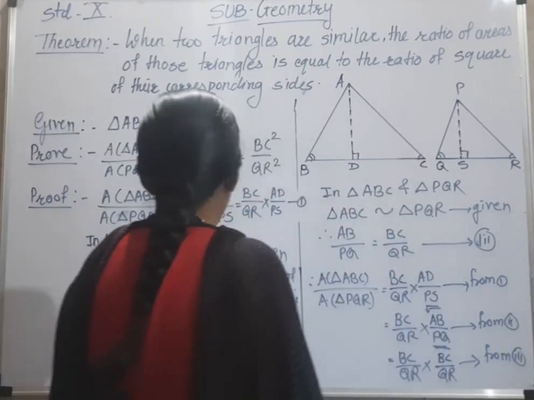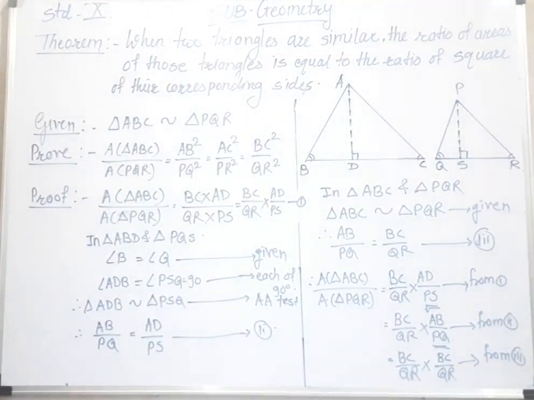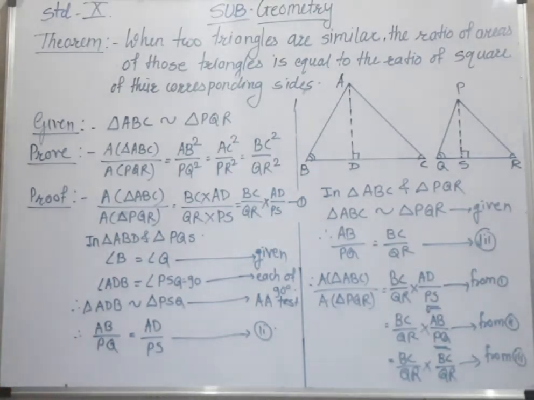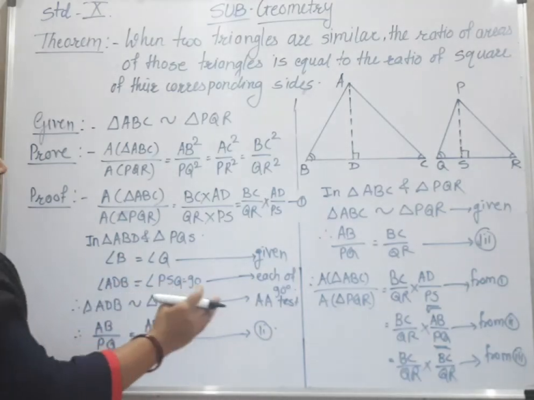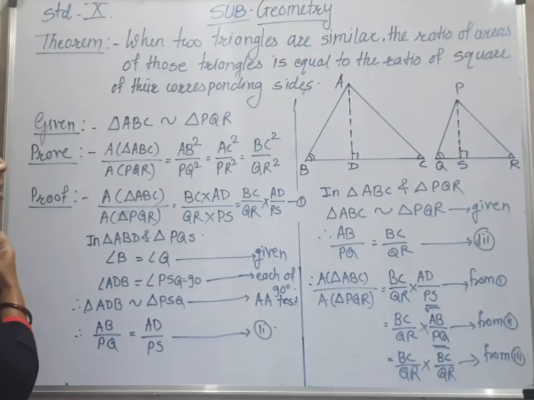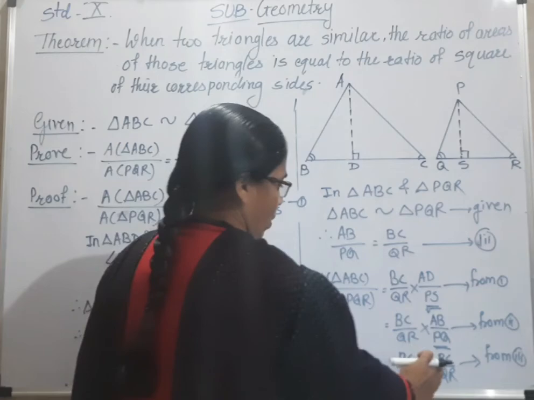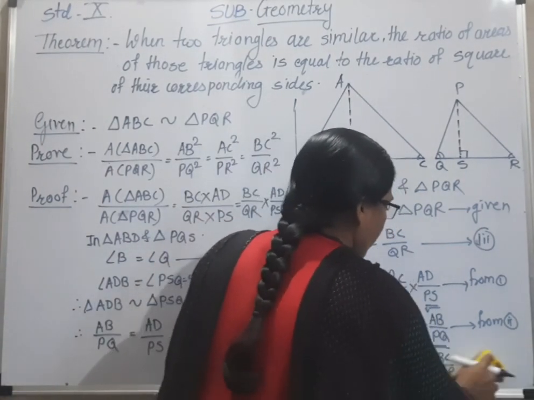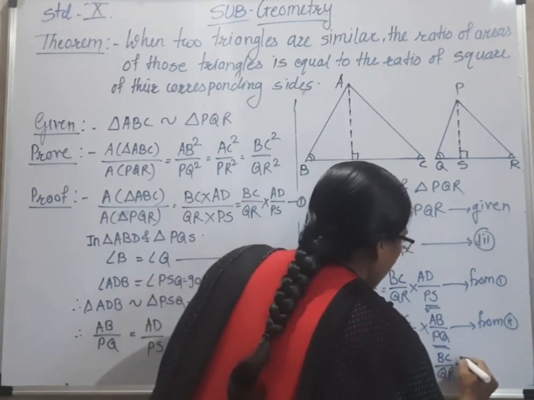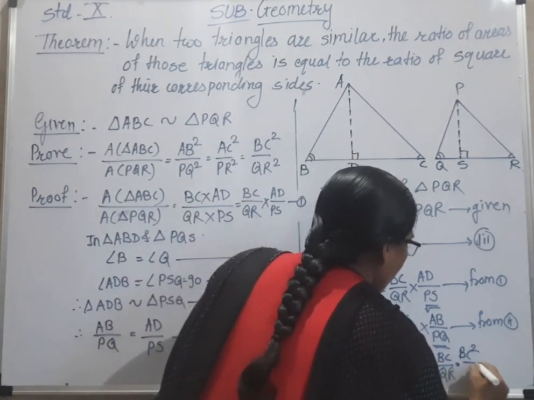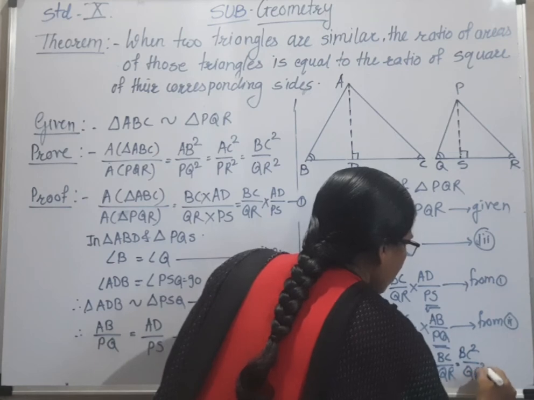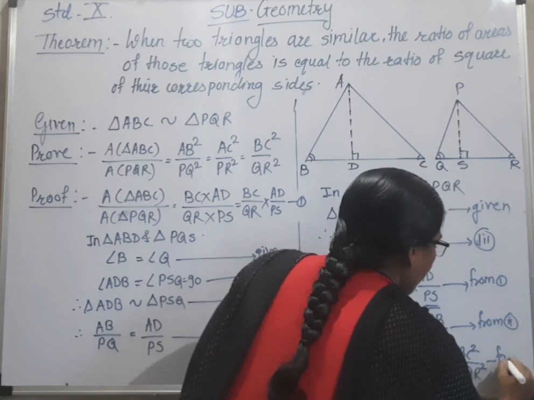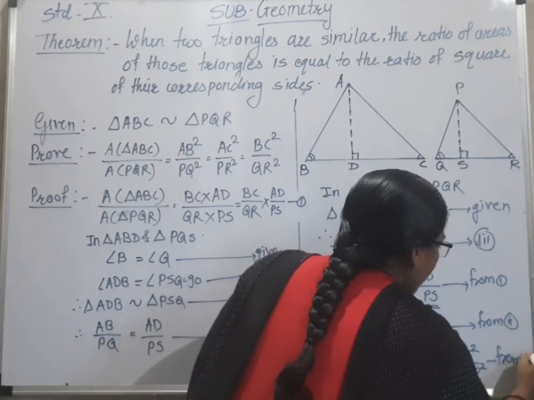And therefore area of triangle ABC upon area of triangle PQR is equal to BC square upon QR square, from 3.